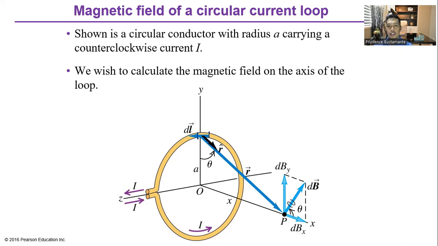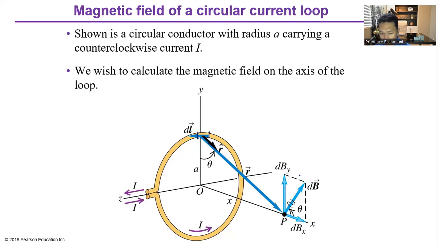This is the direction of our dB. The direction of dB caused by this particular dL lies in the XY plane. So because of this at point P, this is the direction, which lies in the XY plane.